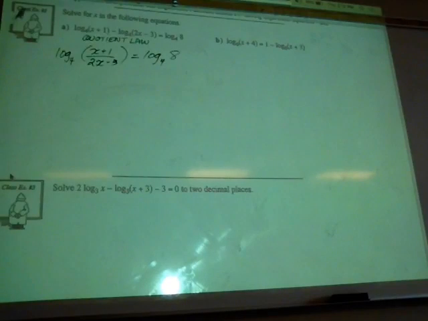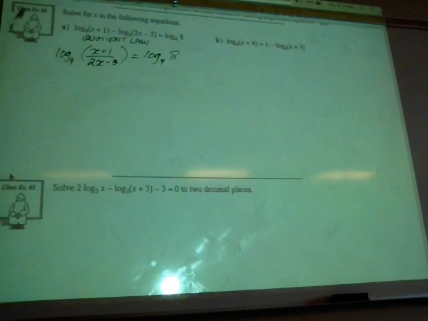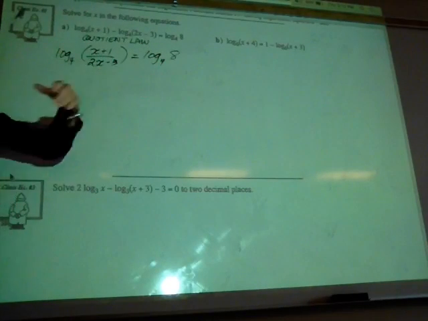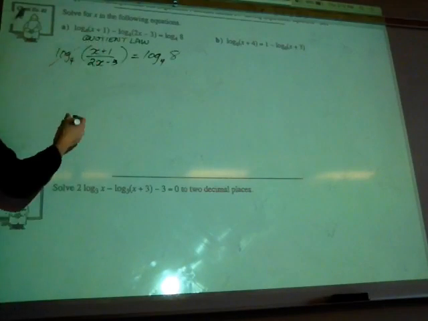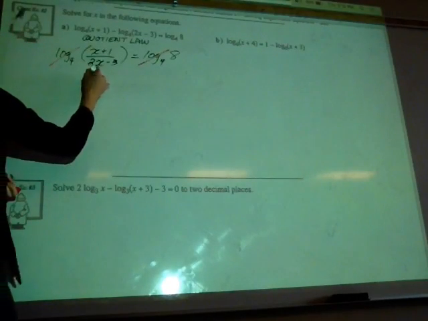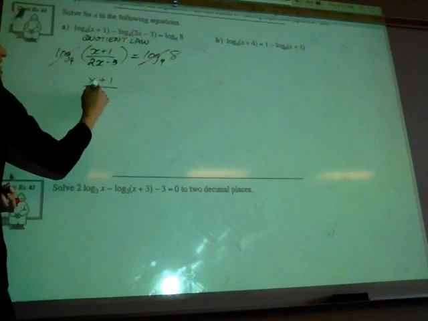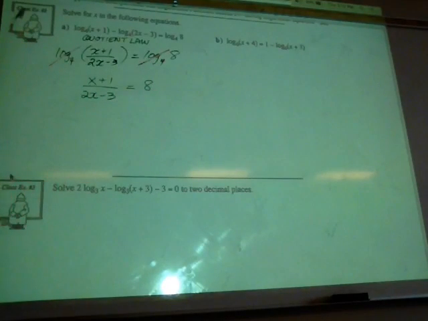Would you guys agree that I have a term equals another term? And would you agree that the logarithm has the same base on both sides? Oh, perfect. No disagreements. So I can cancel out the logarithms, and I'm left with just the arguments. I have x plus 1 divided by 2x minus 3 equals positive 8.